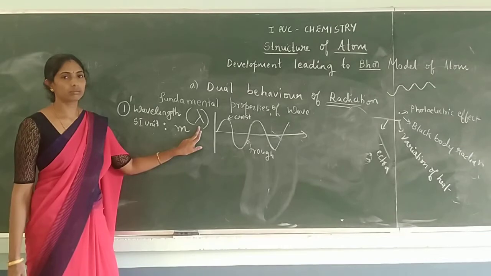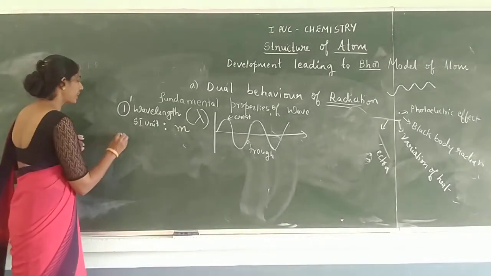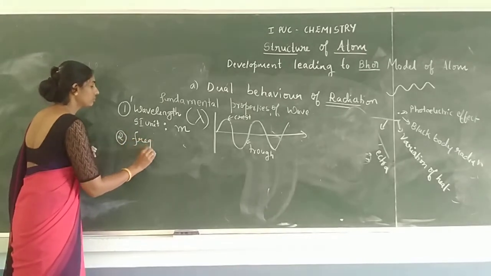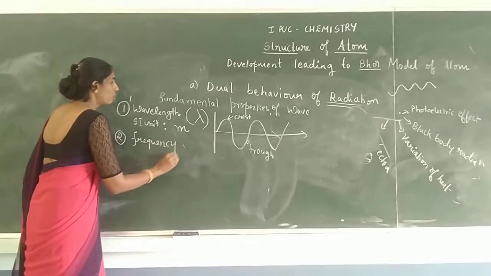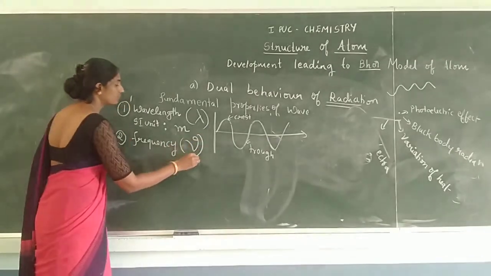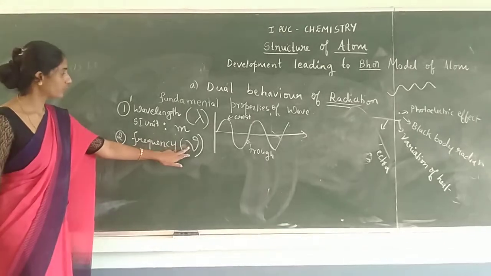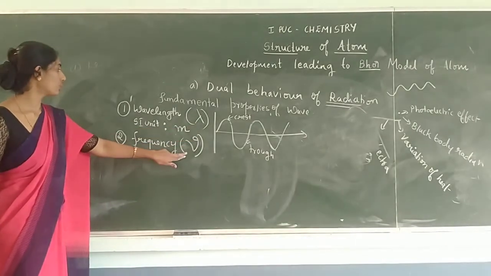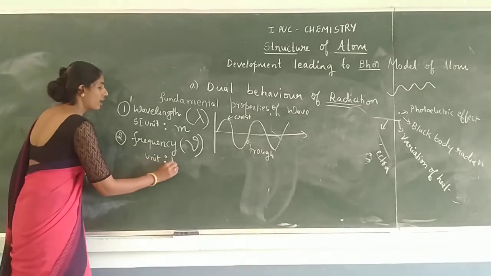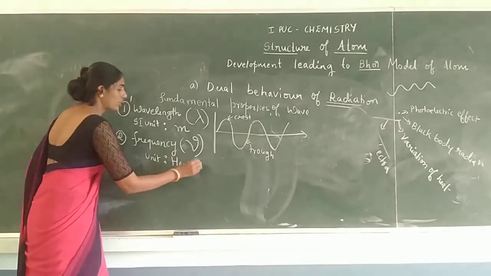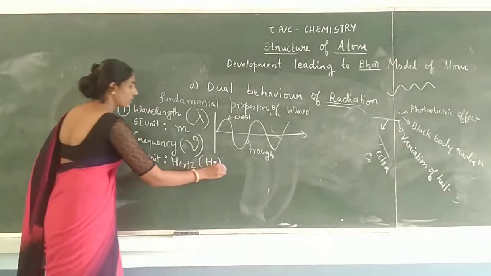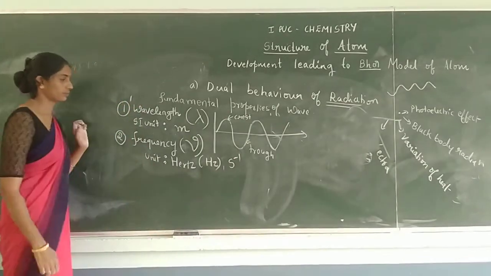And the second term used is frequency. Frequency is usually given by the symbol mu, and its unit is hertz, or in capital letters Hz, or it is also given in terms of per second.